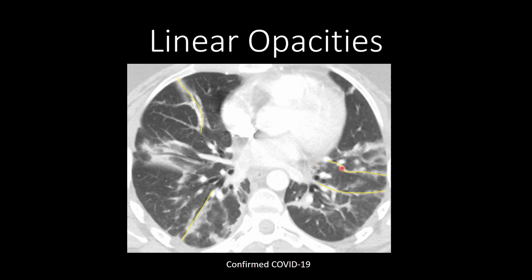These linear opacities spread throughout the lung are associated with some ground glass opacity and some consolidation. And we can also see bronchiolar dilation. So you see these dilated bronchioles, or bronchi, in the area of abnormality.